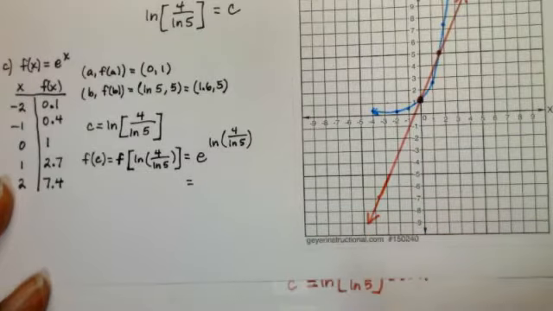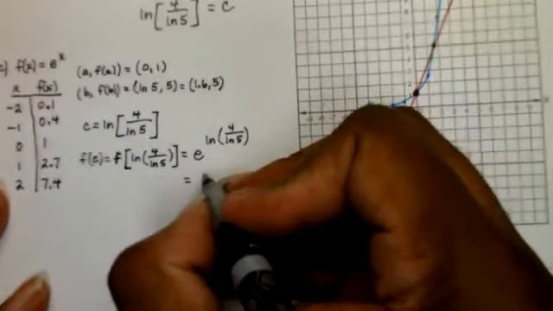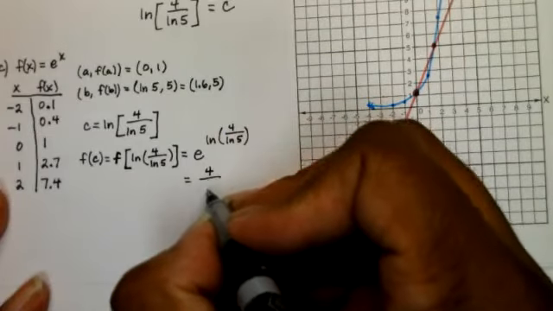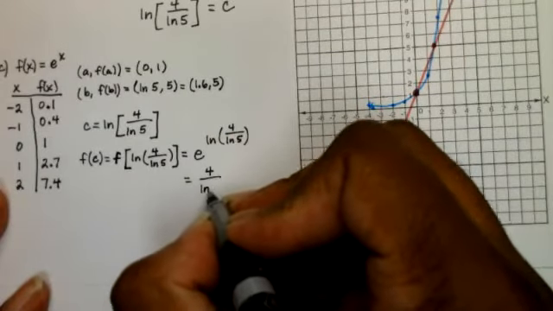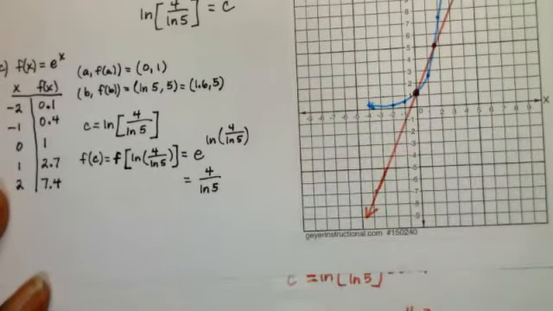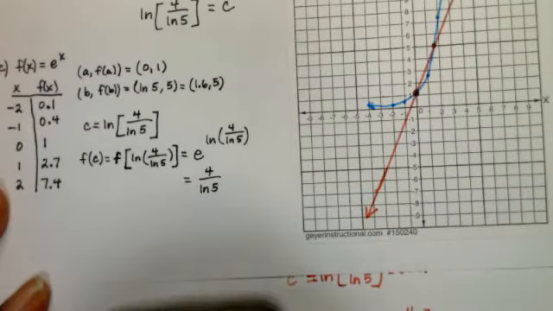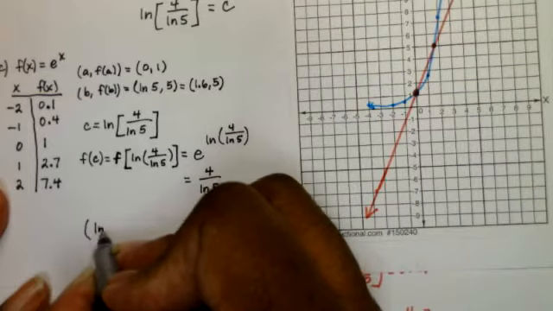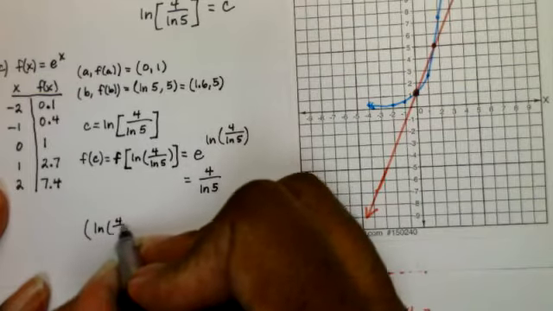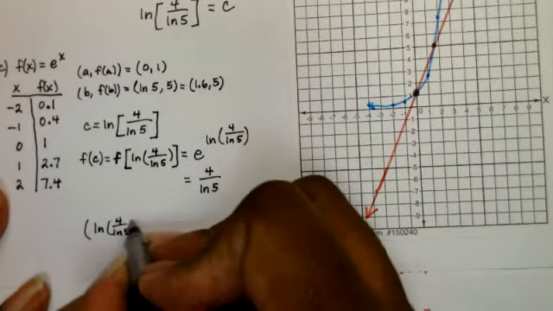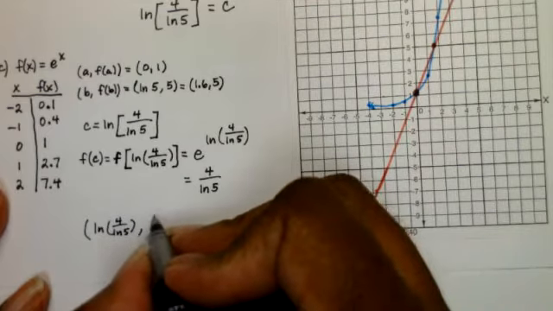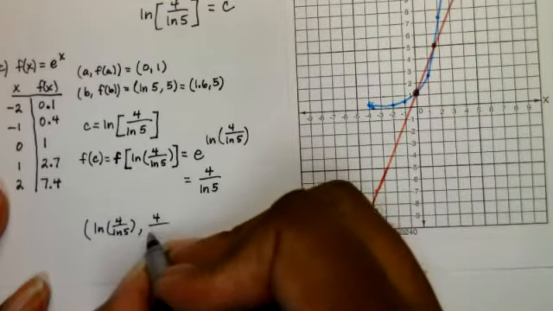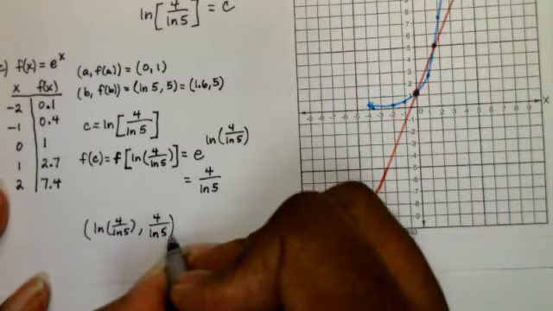So e to the ln of 4 over ln of 5 ends up being 4 over ln of 5. All right, so the ordered pair is going to be C, f of C. So the C in this case is ln of 4 divided by ln of 5, and then comma f of C, which is 4 over ln of 5.